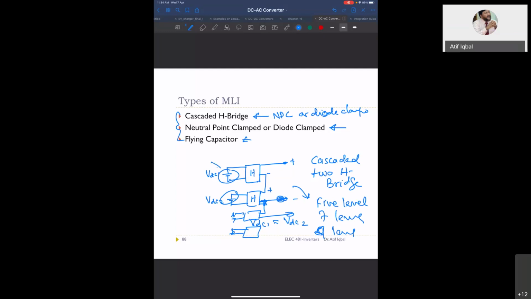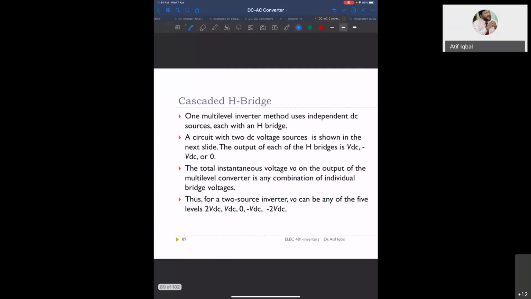You can consider this as a set of PV arrays, and this is another set of PV arrays, photovoltaic arrays. So this is called multi-level inverter. One multi-level inverter method uses independent DC sources, each with an H bridge.